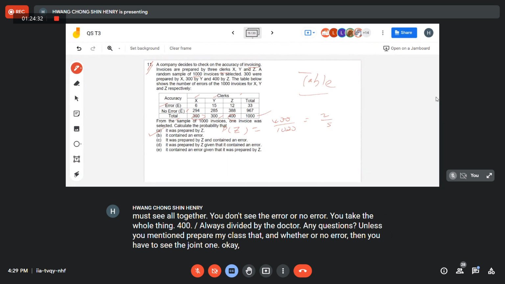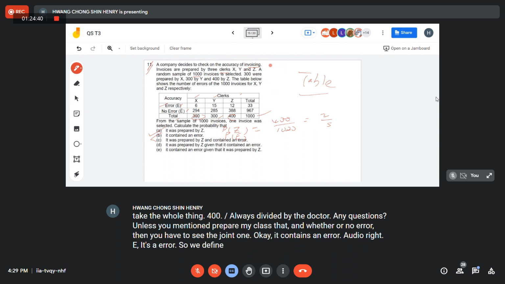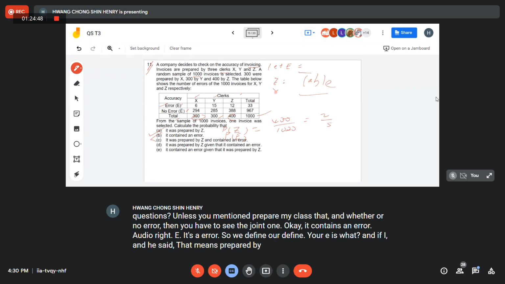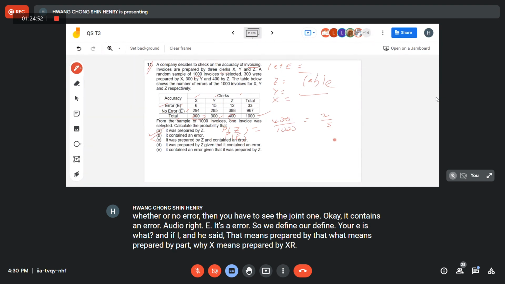It contains an error. How do you write? E is an error. So we define E is what, then E bar is what, then P(Z). Z means prepared by clerk Z, Y means prepared by clerk Y, X means prepared by clerk X. Write your definition.